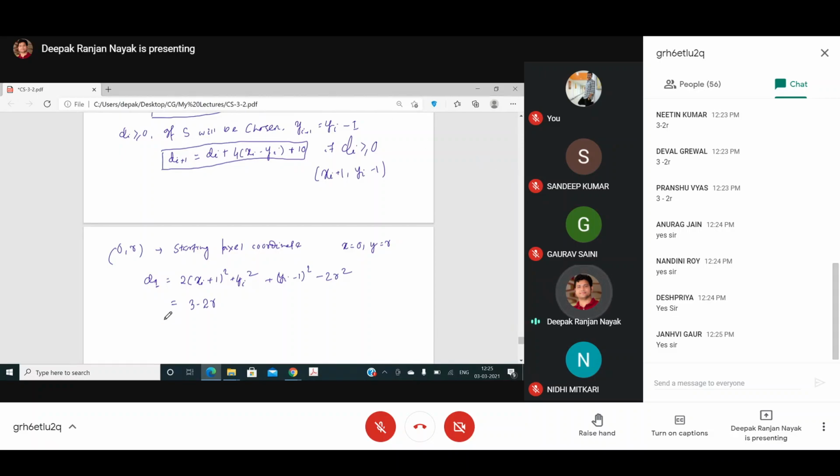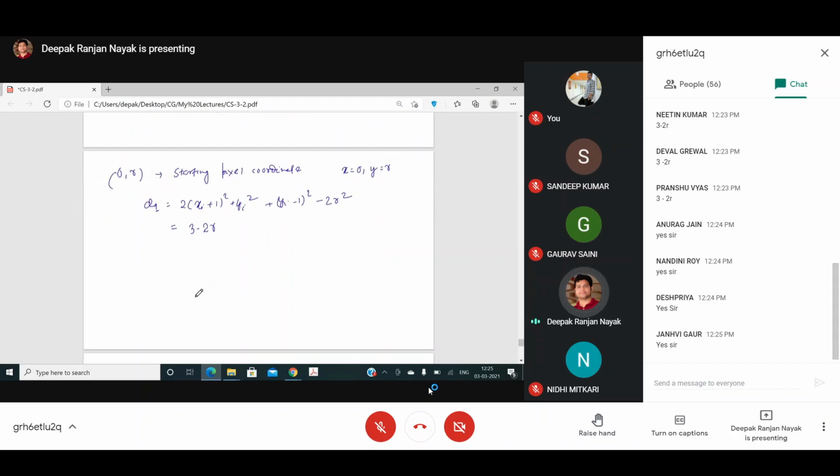So let us summarize the algorithm, whatever we have discussed till now to solve this problem. This algorithm assumes that the circle is centered at the origin. If it is not centered at the origin, you first solve the problem considering it is at the origin.